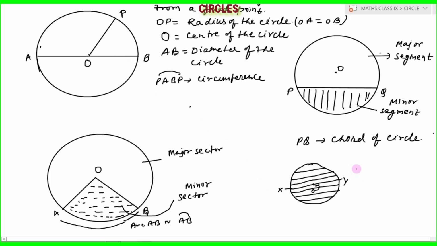So we can say the diameter is the longest chord. We can define the diameter in this way also: the diameter is the longest chord of the circle.